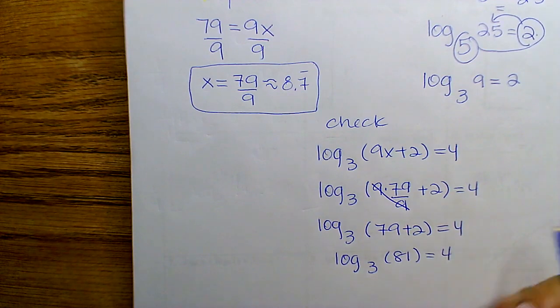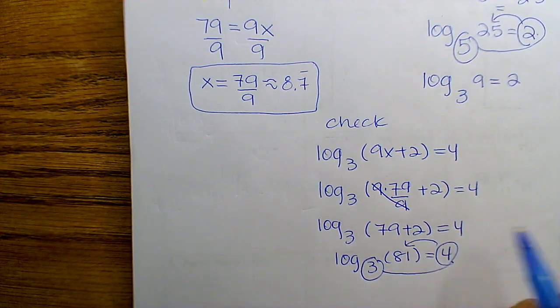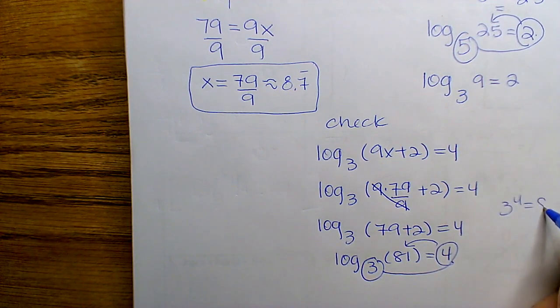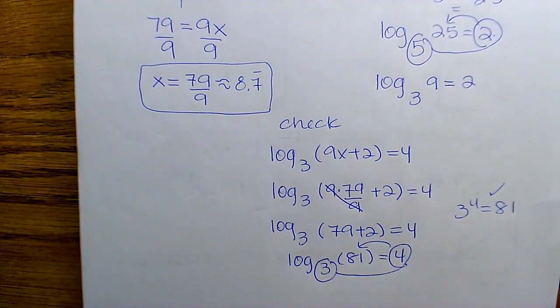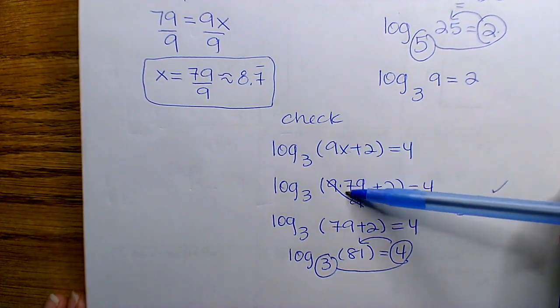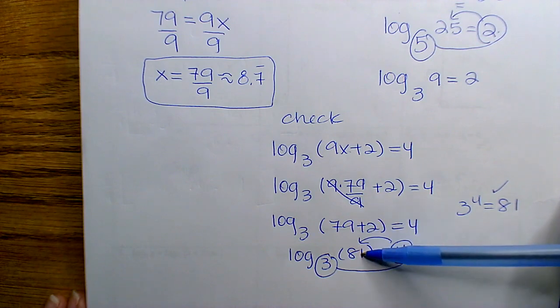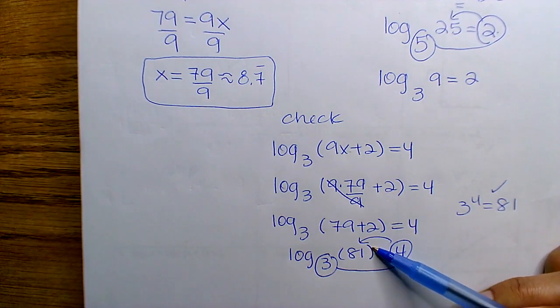And now do your rotation. 3 to the 4th power is equal to 81, and that is a correct statement. So whatever your answer is, you can substitute it back into x, compute what that argument value is, and see if that base to that exponent gives you that value.